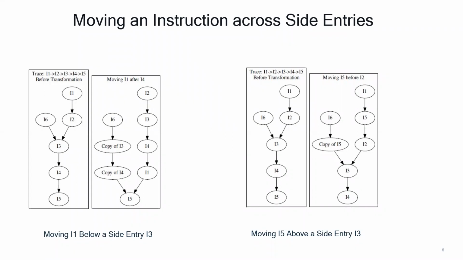Assuming that only moving I5 after I1 is legal, we cannot move I4 after I1 due to some data dependence. Let's just assume like that. So this is just an example to illustrate what are the things that we have to do when we move code above or below a side entry.